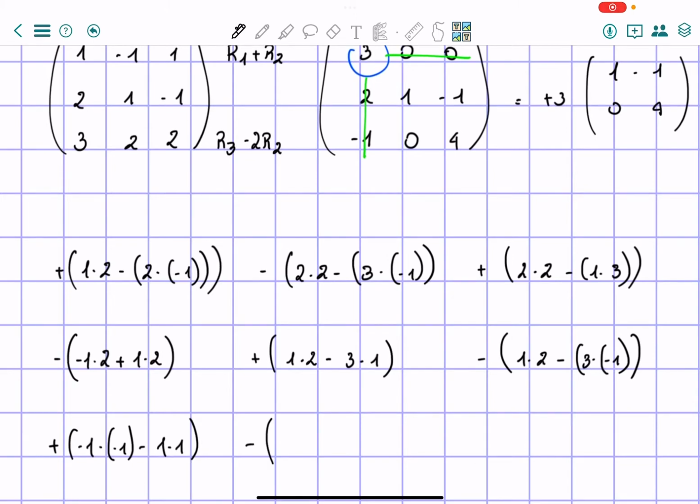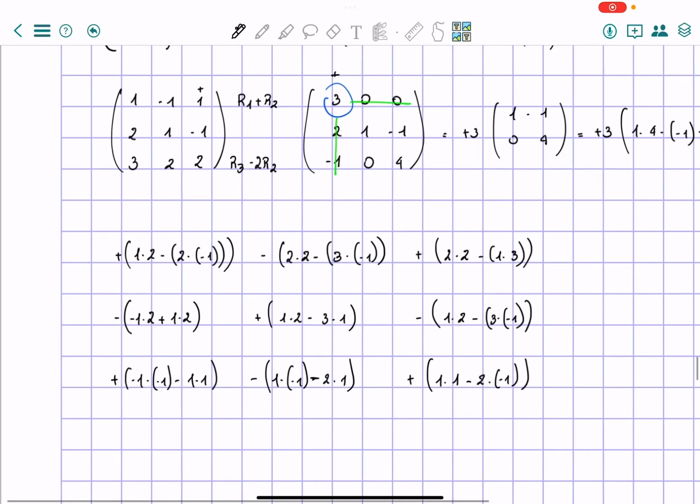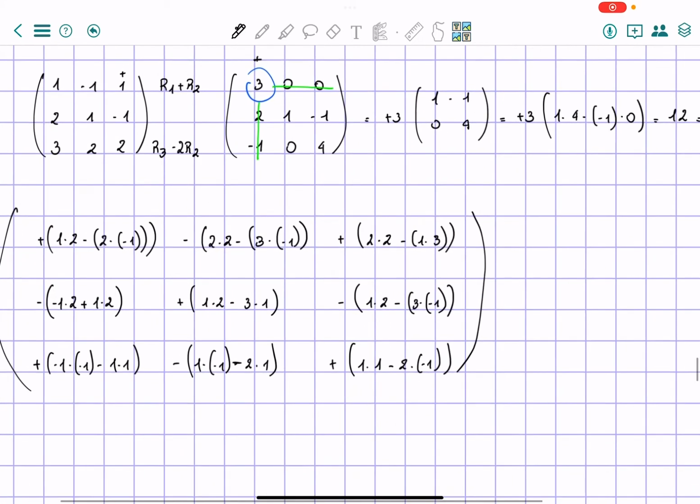So we're going to have 1 times -1 minus 2 times 1, and then positive again. We're going to have 1 times 1 minus 2 times negative 1.